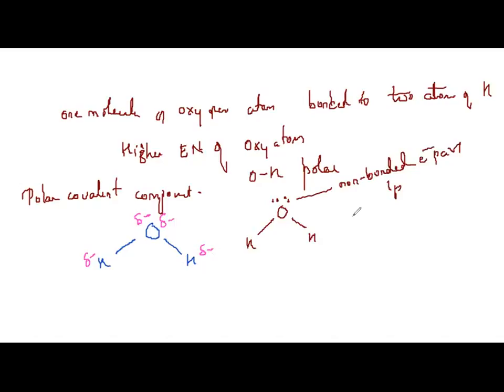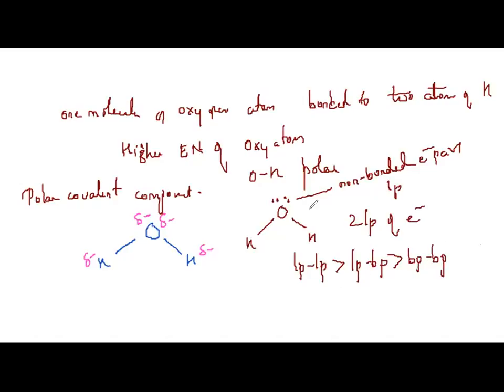Yes. So the oxygen atom in the water molecule has 2 lone pairs of electrons. Therefore, according to valence shell electron pair repulsion theory, there is maximum repulsion caused by the 2 lone pairs, which is more than lone pair bond pair repulsions, which is still more than bond pair repulsions.